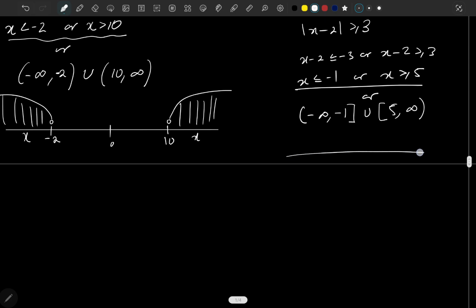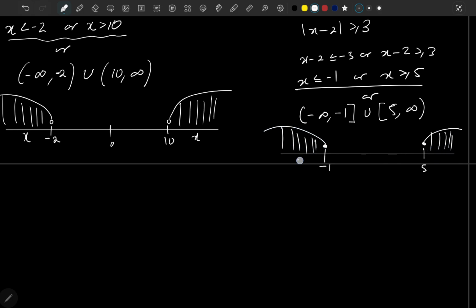On the number line, negative 1 and 5 are included, so we shade. This side and this particular side is where our x lies. It's simple and straightforward.